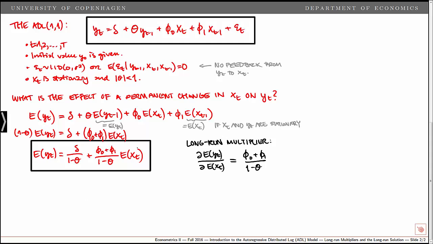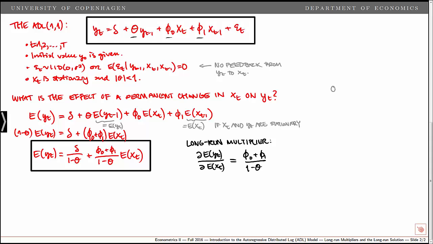So this tells us that if the level of x_t changes by 1 unit, then the expected value of y_t changes by (phi_0 plus phi_1) divided by (1 minus theta). Note that it depends on all 3 parameters that we have in the ADL 1-1 model.